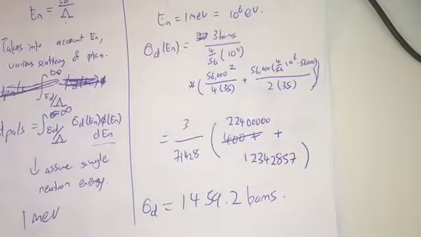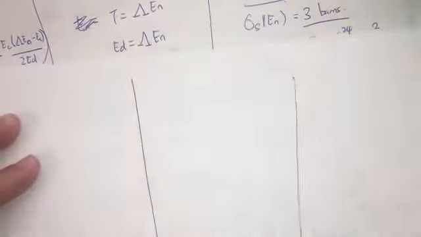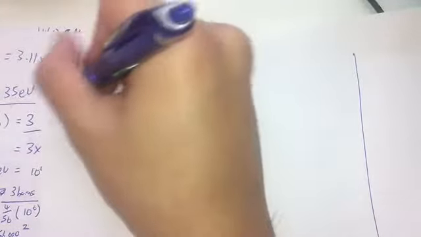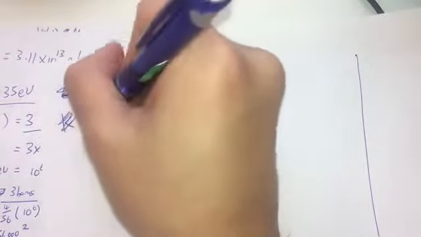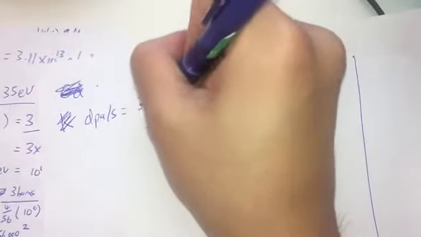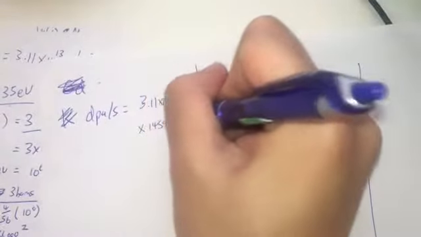So let's have a dPa per second kind of thing. Okay. Let's calculate a displacement rate. Let's use dPa per second equals 3.11 times 10 to the 13 times 99.2 times 10 to the minus 24.